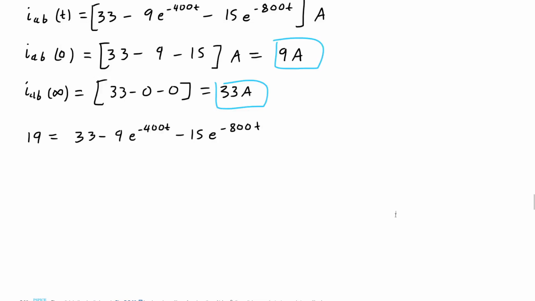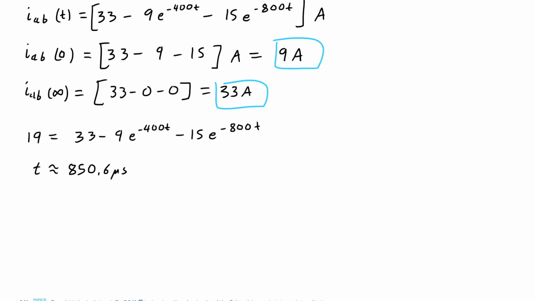All right, so this one, I couldn't figure out how to solve this by hand, so I went ahead and used Wolfram Alpha to calculate it. And the time where that occurs is approximately 850.6 microseconds.